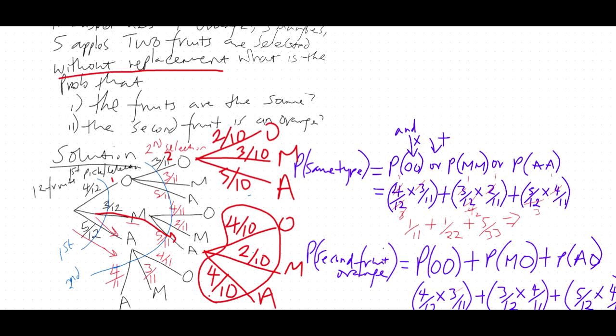So it is upon you to arrange your tree diagram in order to represent all the possible outcomes. Okay. So is there a question up to that point? Any question?